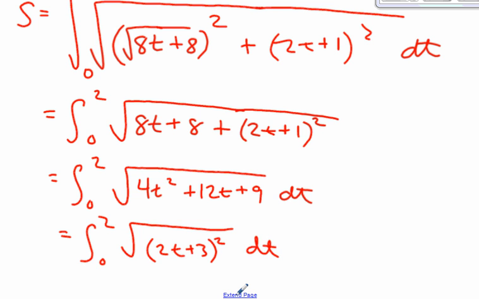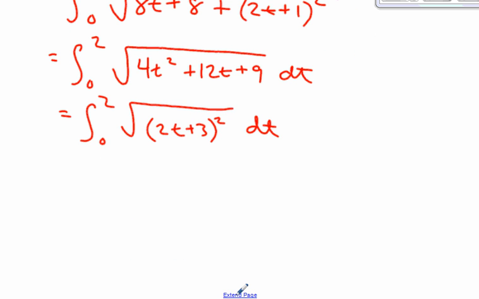So I know I'm going really fast here, but I just wanted to show you that you might be expected to do something like this by hand, and I'm just showing you the steps that you would take in order to get it down to something that you can integrate. Okay, so if this was a calculator problem, you could just put that in the calculator, or they might just ask you to write an expression of the integral, but sometimes you will have to carry it all out by hand, so I just wanted to show the steps there.